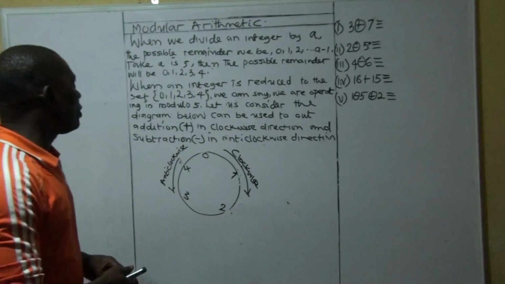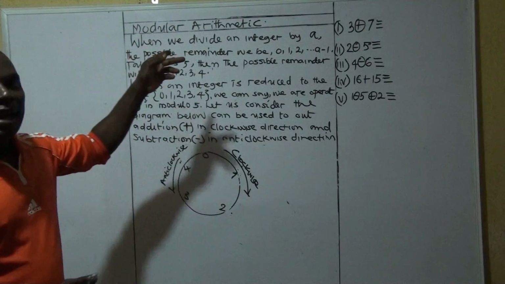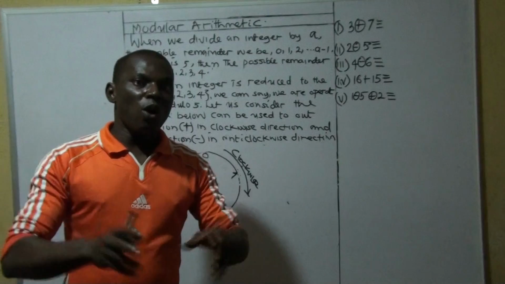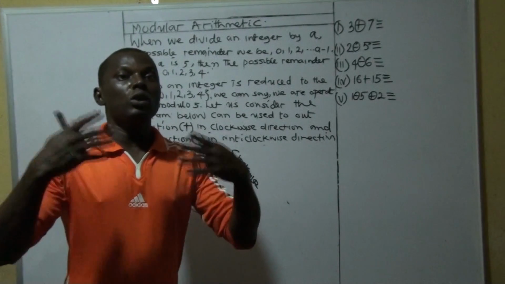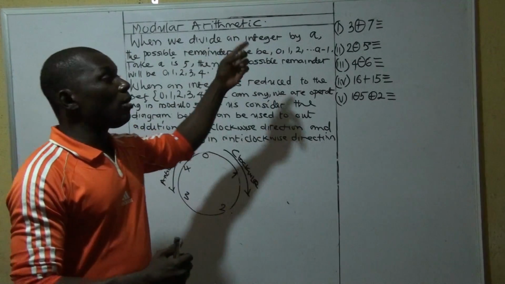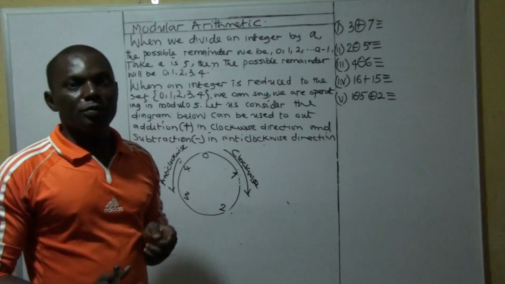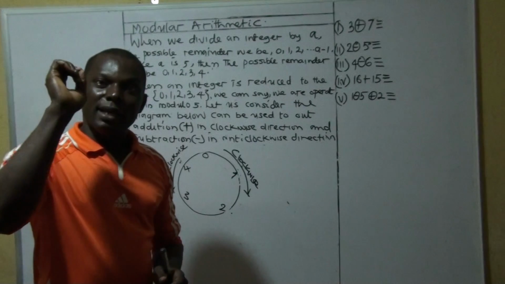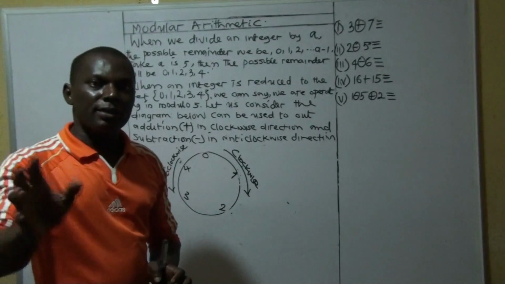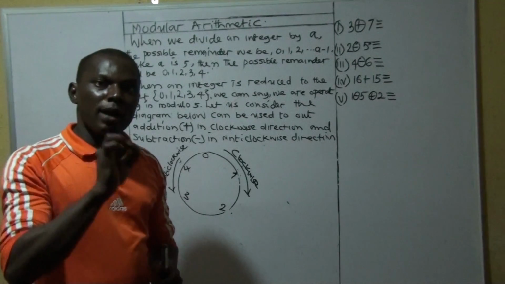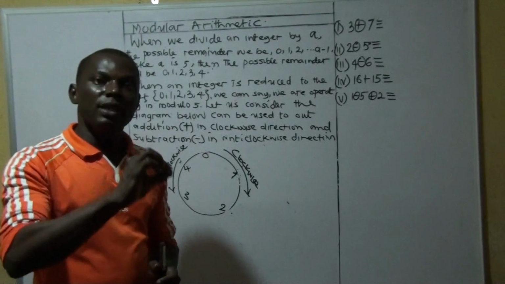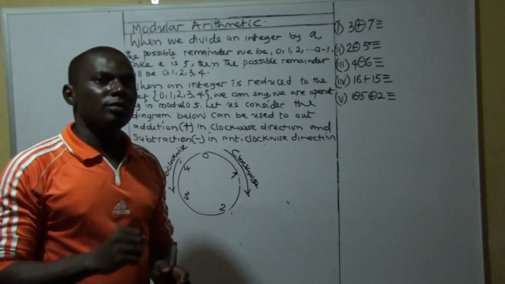Now, if you look at the board, when we divide an integer, which is either a positive or negative whole number that also includes 0, by, say, a number a, the possible remainders will be 0, 1, 2, and so on, till a minus 1.